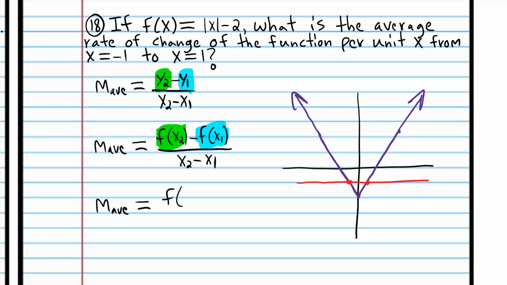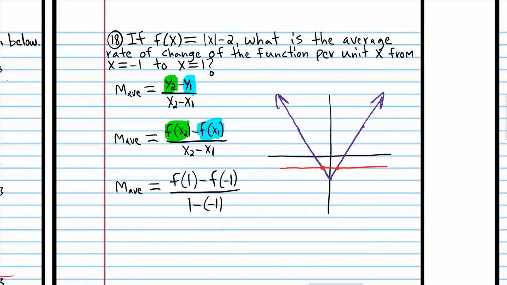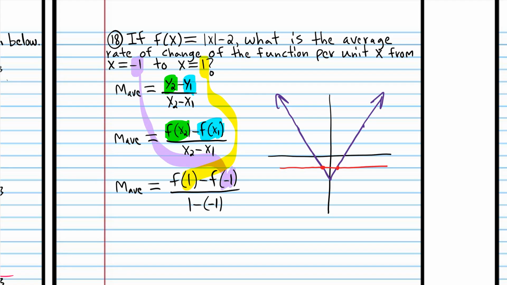So what we're doing here is we're plugging in 1, and we're plugging in -1. -1 went there, and 1 went there.